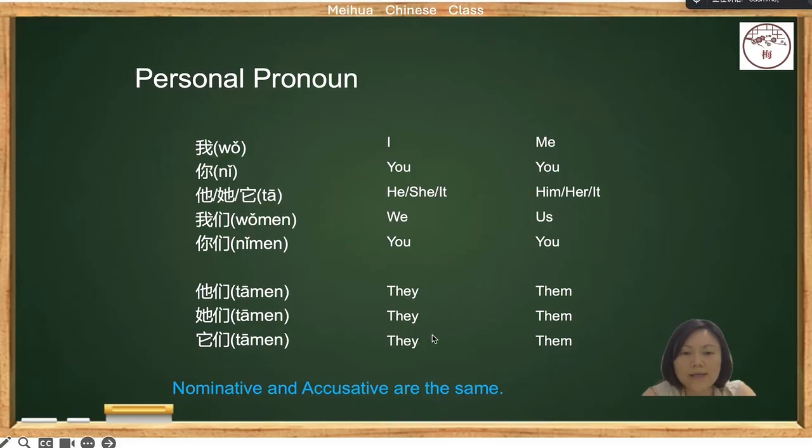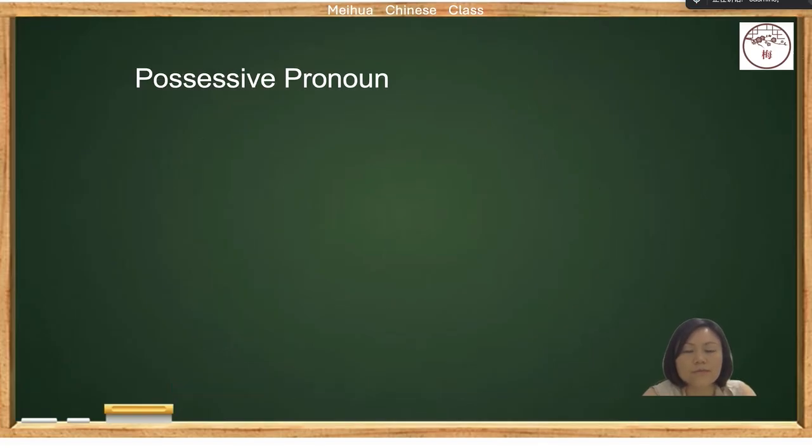So in English, the nominative pronoun and accusative pronoun are different, but in Chinese, they are always the same. So this is a very apparent difference. The second type, possessive pronoun.